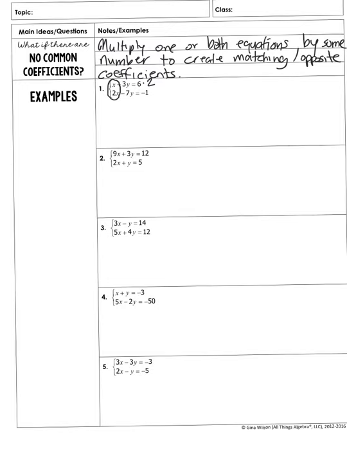So I'm going to do that. Multiply this entire equation by 2. I'm going to get 2x plus 6y equals 12. And then I'm going to subtract it from this other equation to get the x values to cancel out.